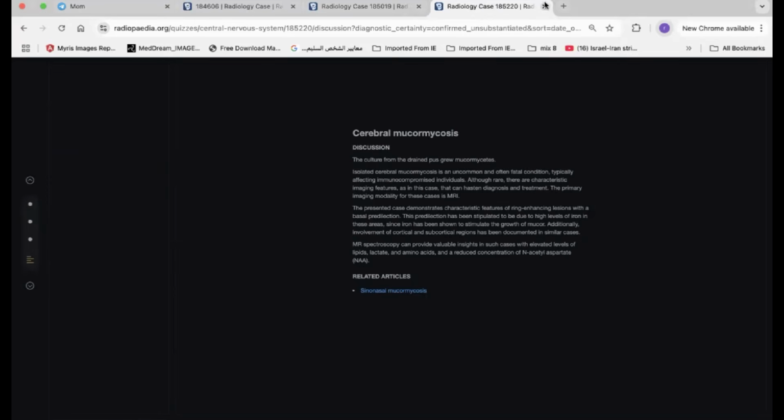I am not sure whether the patient has AIDS or not. Anyway, fungal infection is very common in HIV and in any other immunocompromised patient. Again, it was cerebral mucormycosis, one of the very aggressive fungal infections.